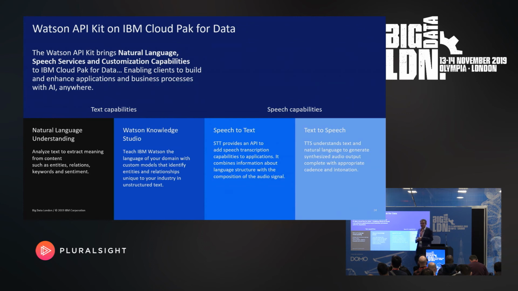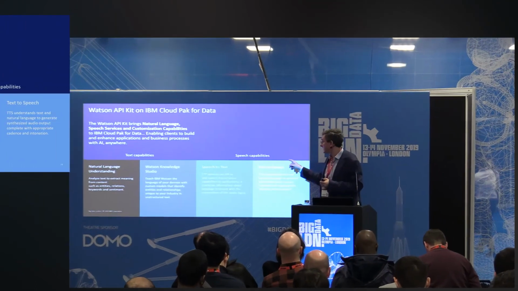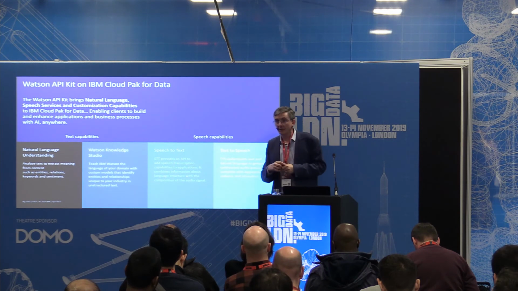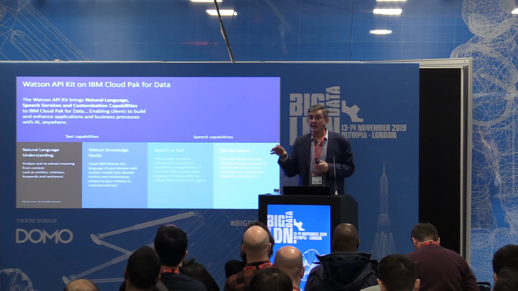So speech technology has matured massively in the last couple of years, to the point where we're now able to deploy voice-based assistants that work as well as text-based assistants. And as well as these two things here, which do the obvious translation backwards and forwards, also we have connectivity to telephony platforms.